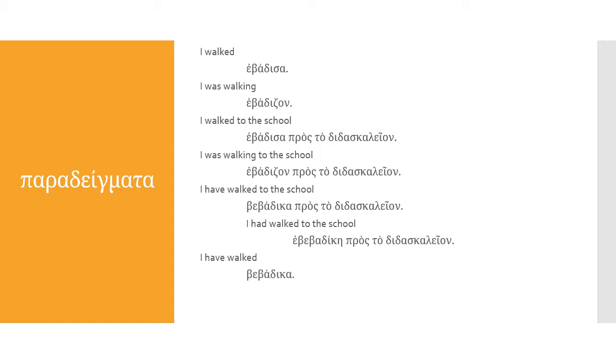What happens when we remove the endpoint from the sentence? Bebadika, I have walked. The perfect form, and so the resultative completive aspect in Greek, suggests to us that I have fully and absolutely walked to the point of being all done walking.